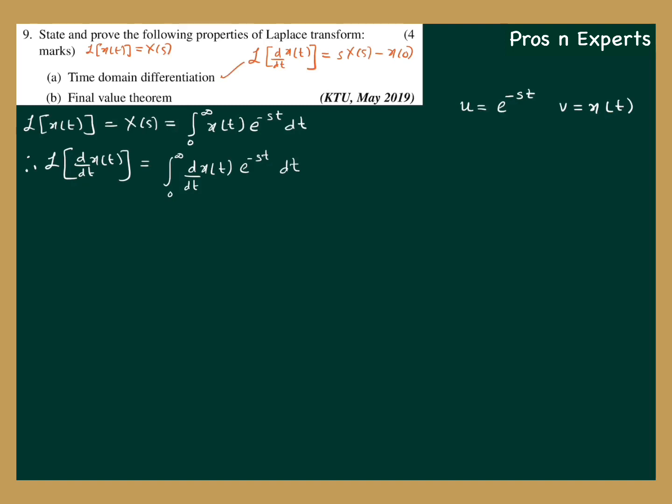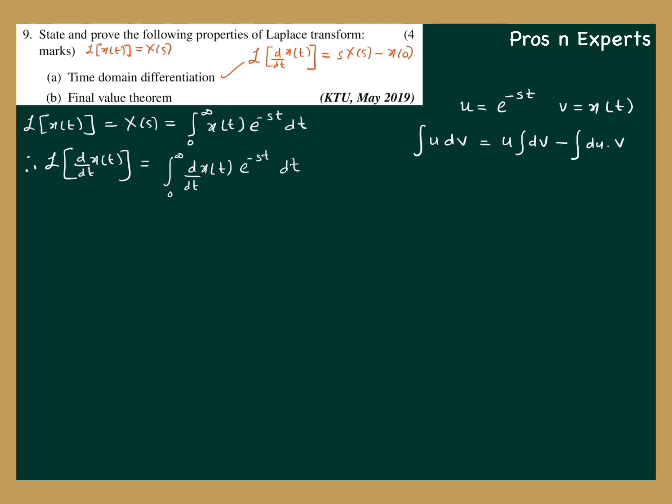What is the integral of u dv? You have to apply the product rule of integration, right? That will be equal to u into the integral of dv minus the integral of du into v, right? This is the product rule of integration.